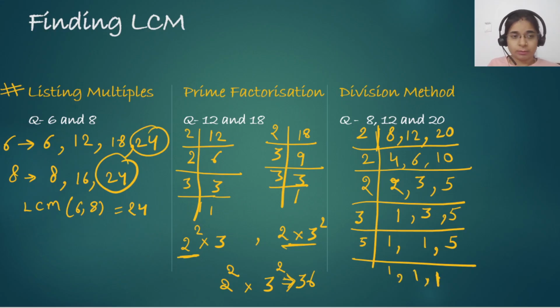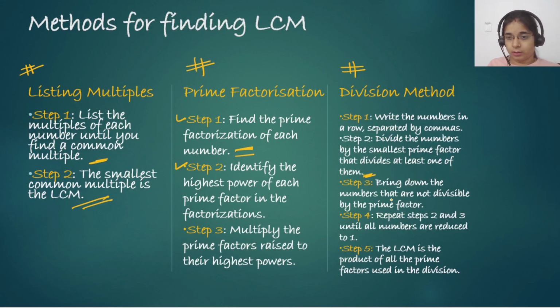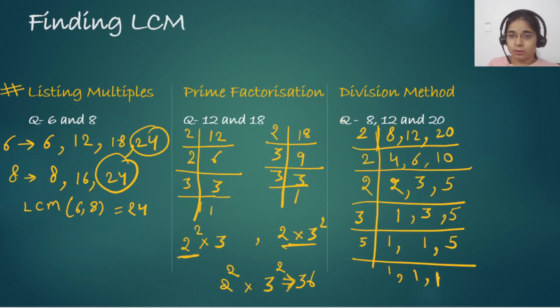Why have I reached 1? Because this is in step 4: repeat steps 2 and 3 until all the numbers reduce to 1, and the LCM is the product of all prime factors used in the division. So all the prime factors that are used in the division, if you take the product of them, that will be your LCM, right?